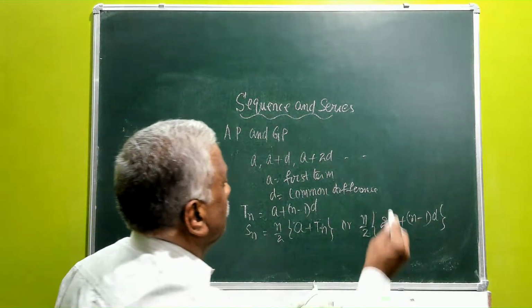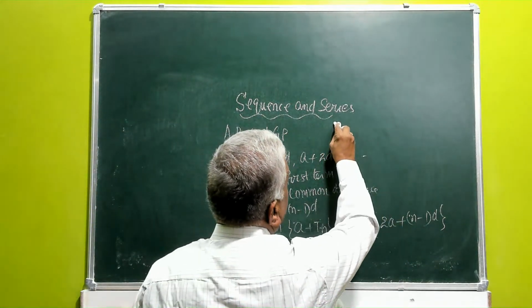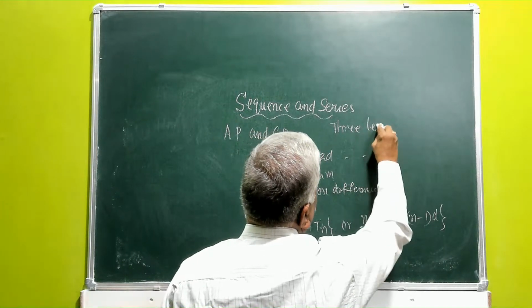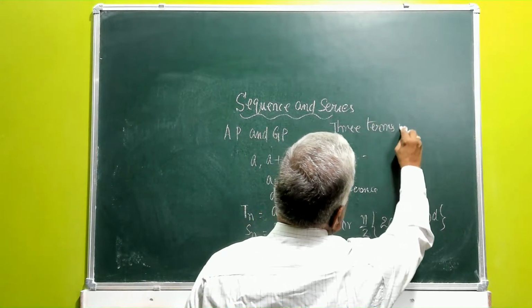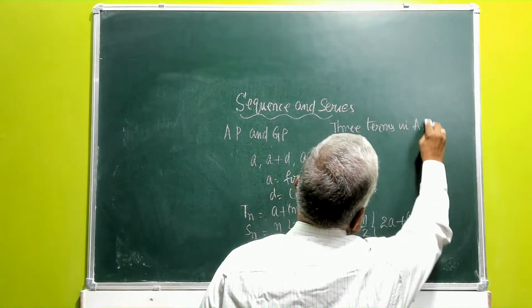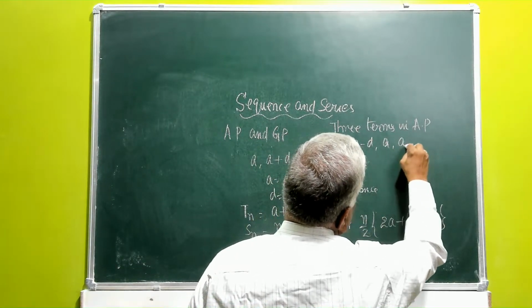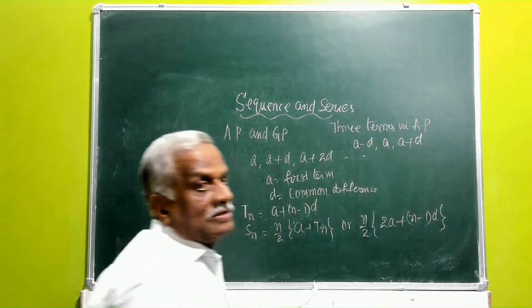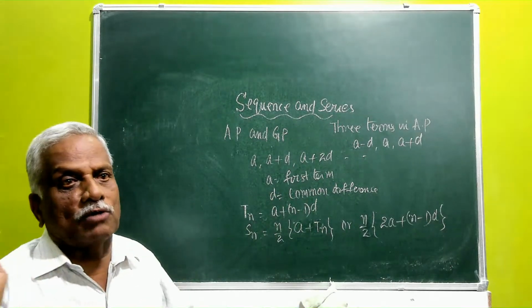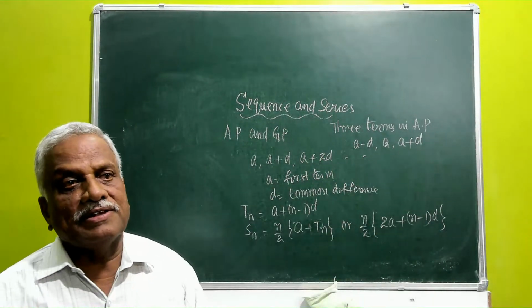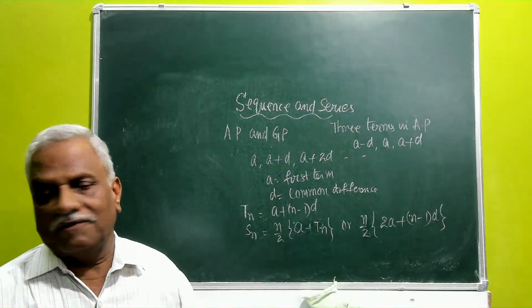One more thing you need to remember is 3 terms in AP. Remember it as a minus d, a and a plus d. Because I'm not going to a particular problem, I'm just explaining. Sum of 3 terms of an AP is given, the product is given, find the AP.